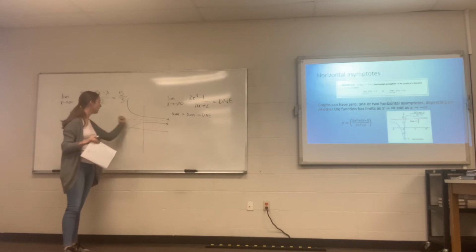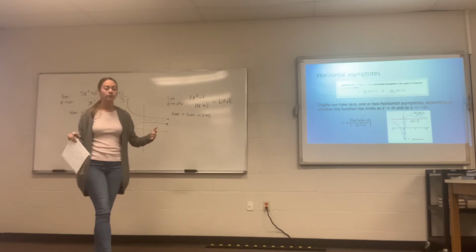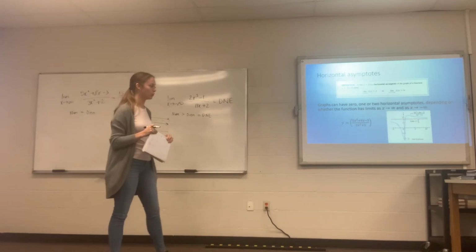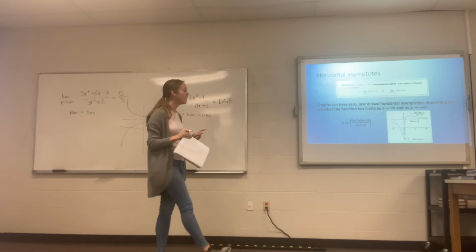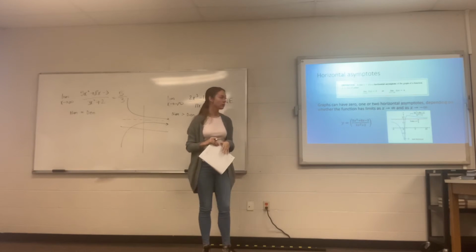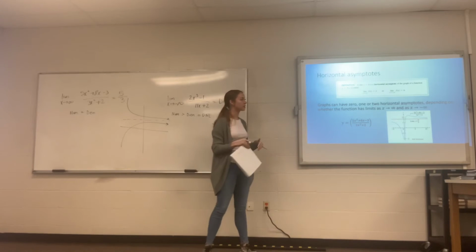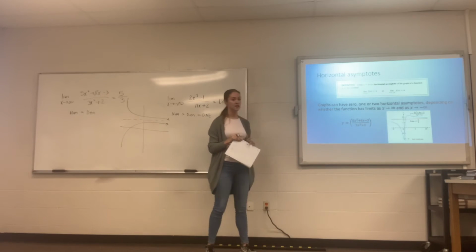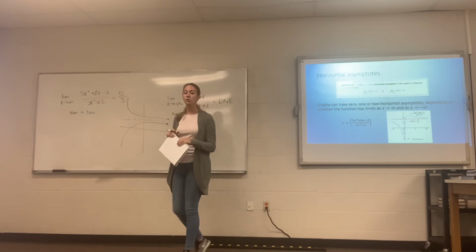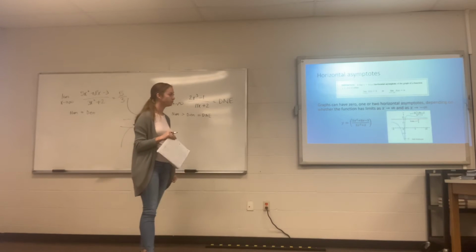If I was going out to negative infinity and approaching some value, that would be a horizontal asymptote. Graphs can have 0, 1, or 2 horizontal asymptotes, depending on whether the function has limits as x approaches positive infinity and as x approaches negative infinity.